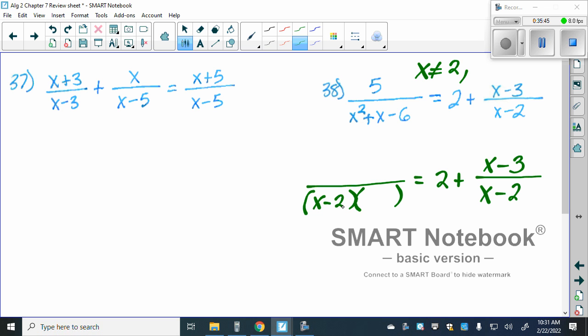And it actually is. And the other one would be x plus 3. Because the 6 is negative, our signs would be opposite. Factors of x squared are x and x. Factors of 6 are 1 and 6, or 2 and 3. Well, it works out it is 2 and 3, and the 3 would be positive. And the numerator here is 5.